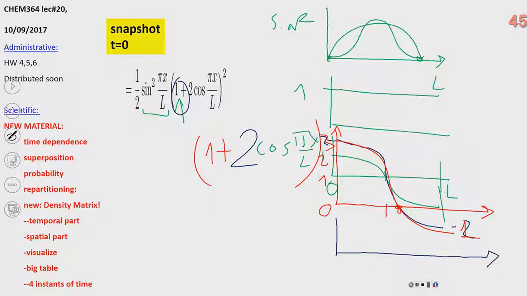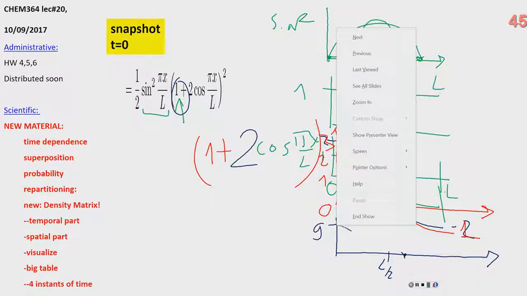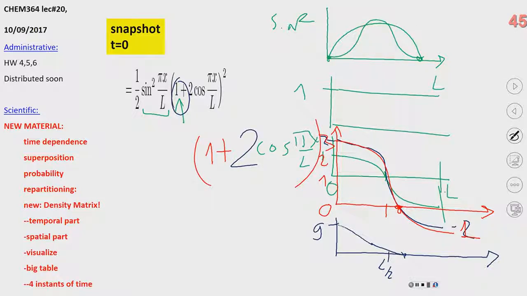How much? 9. Somewhere here it will come to 0. Minus 1 squared goes up to +1. Yes. So this function will be 1 plus 2 cosine squared.